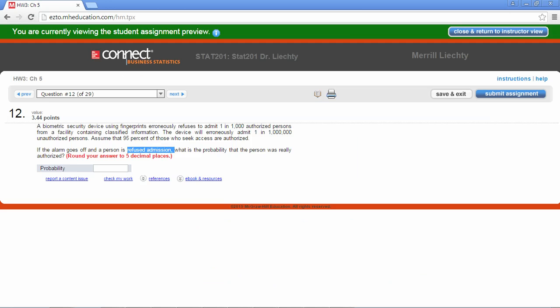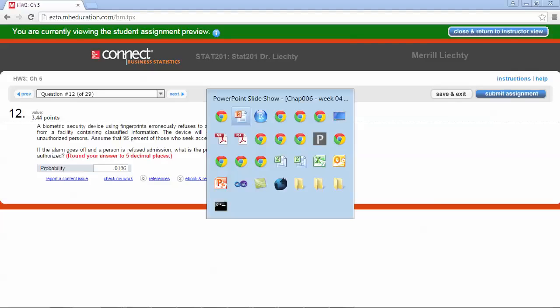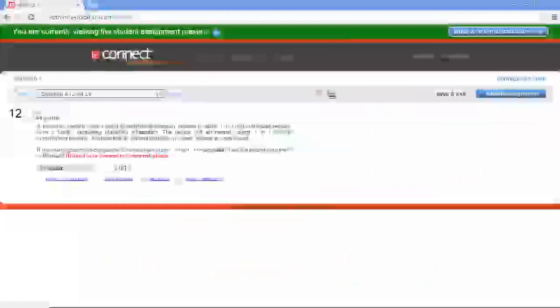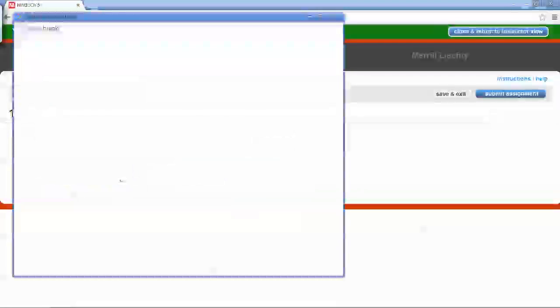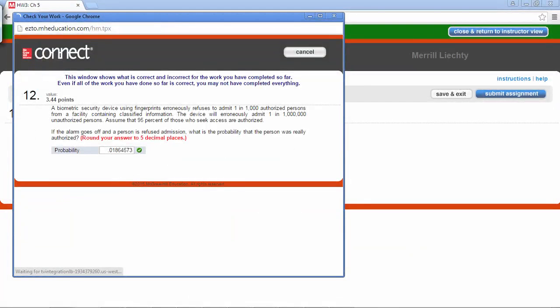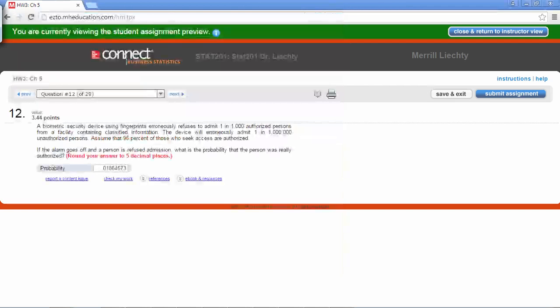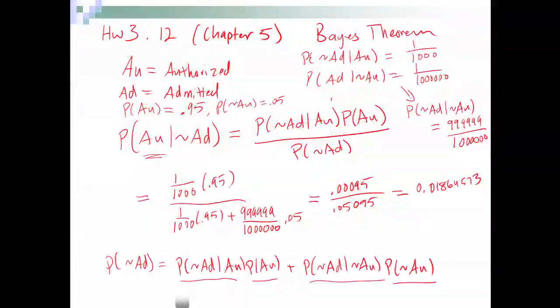If we go back over here, plug that number in, 0.01864573, and we check our work, we should get it right, and sure enough we do. So that's how you do that question, and very interesting what's going on here.